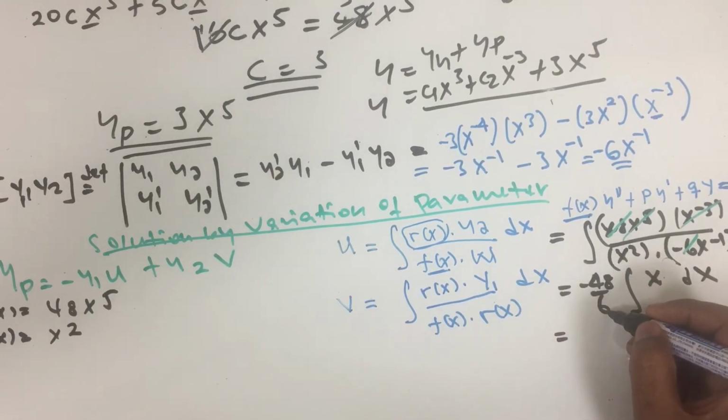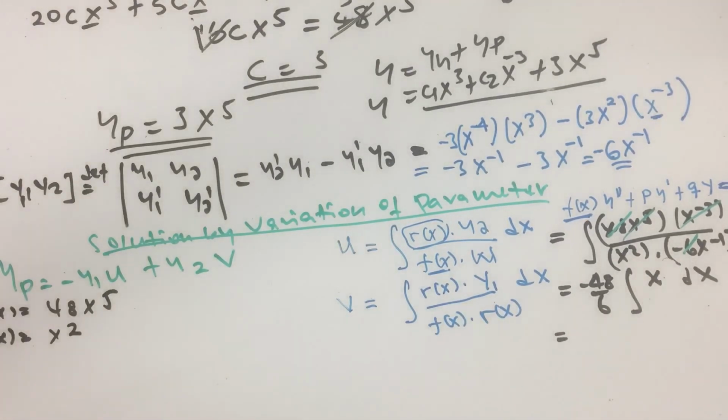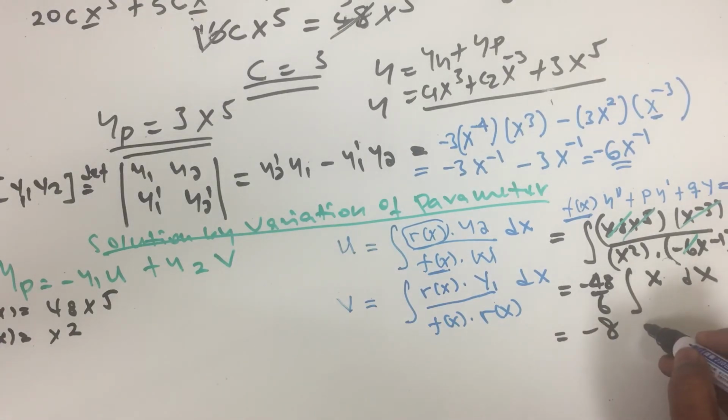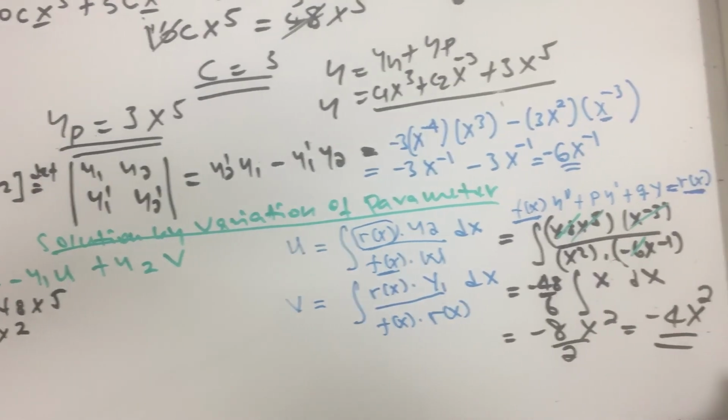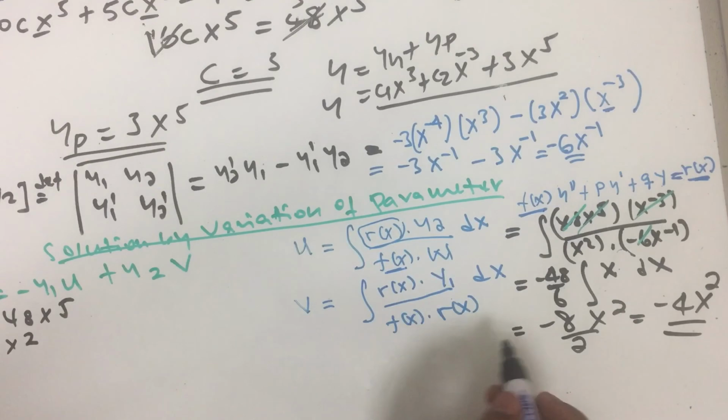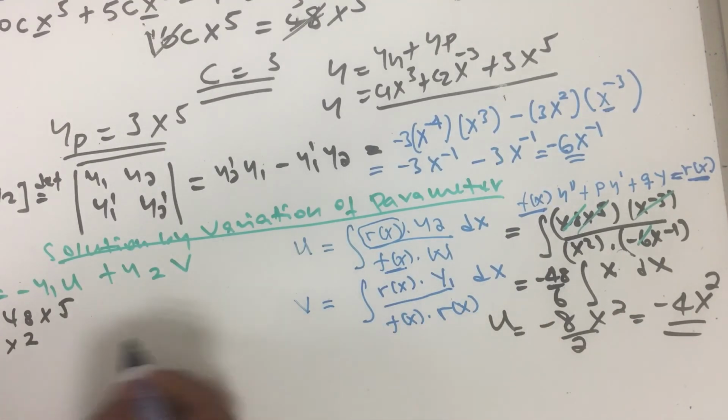So 48 by 6 is how much? Eight, right? Minus 8 x squared over 2, which is minus 4 x squared. Then this is u.